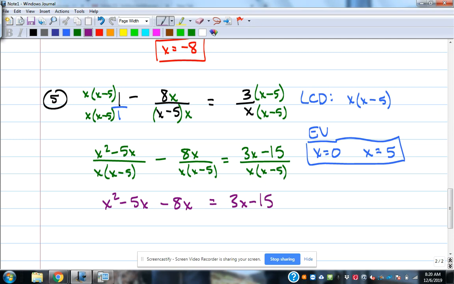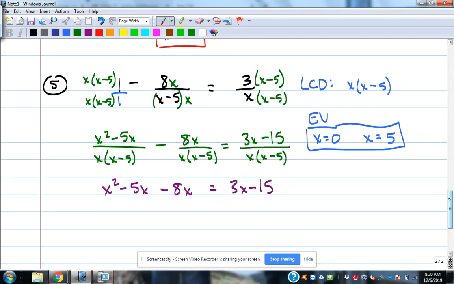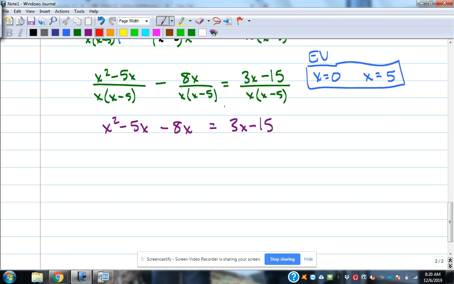Now we've got a funky looking problem. It's got an x squared in it, so what does that mean? All right, so we can get all our like terms together. So that's going to be x squared, minus 8, minus 5, and minus 3, which would be the minus 16.